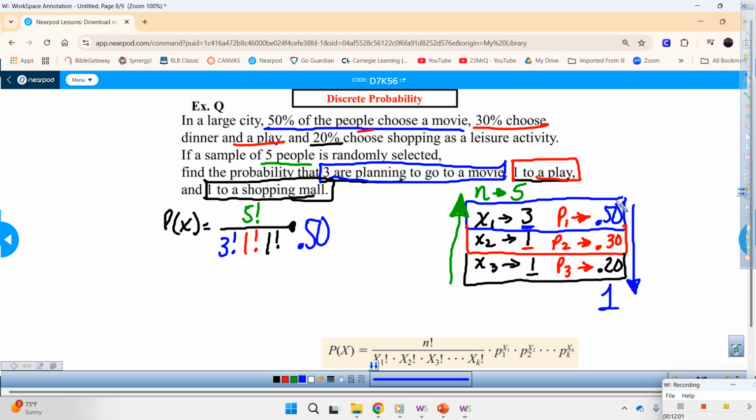And what is the exponent for 0.50, which is X sub 1? That is 3. Times 0.30. And the exponent is 1. Times 0.20 with exponent of 1.